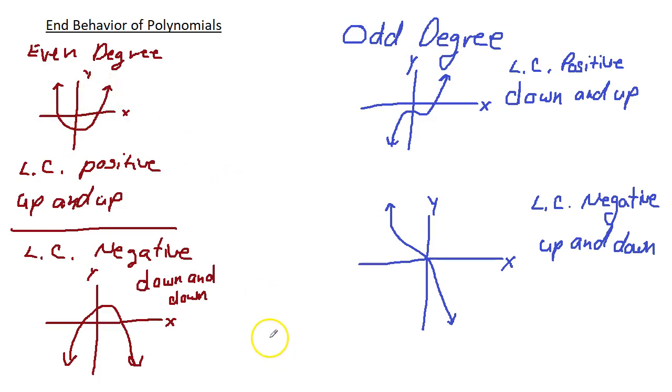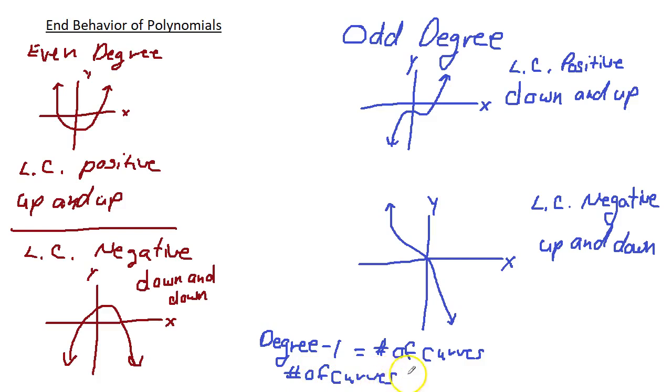If you take your degree minus 1, that will equal the number of curves. I could also write this in a different manner and say number of curves plus 1 equals the degree.